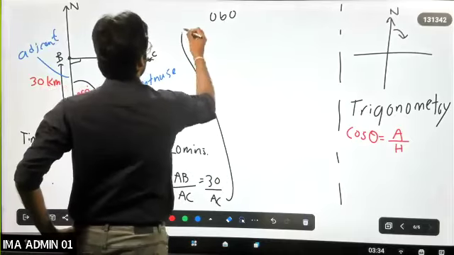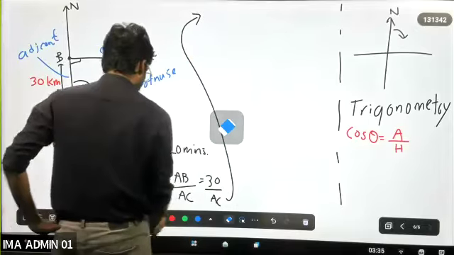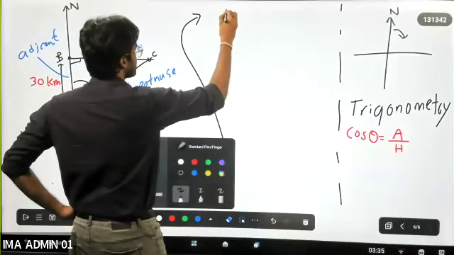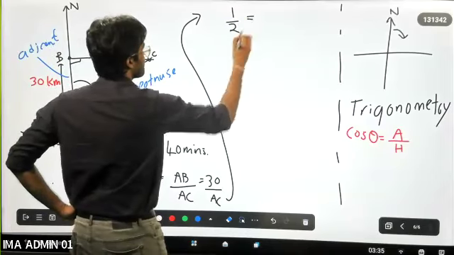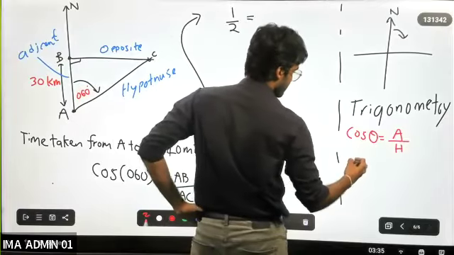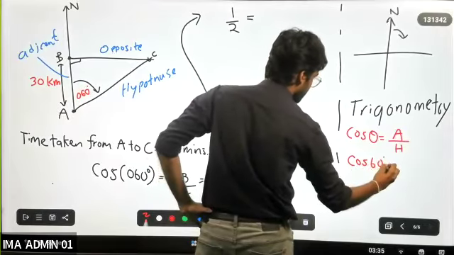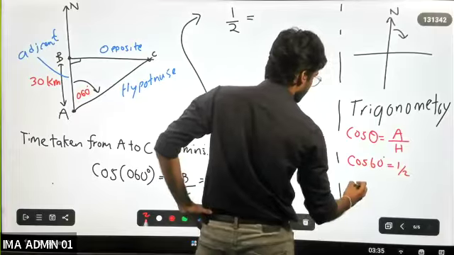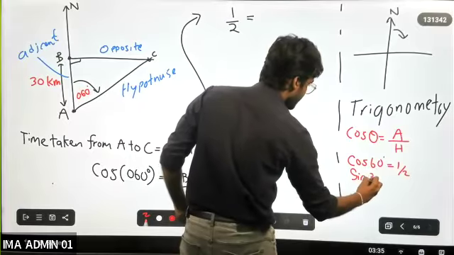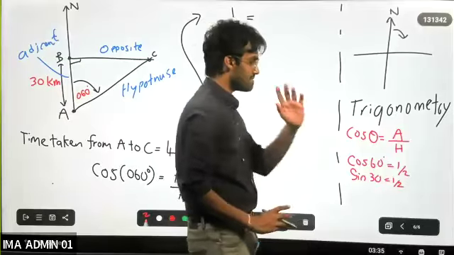So now you have to know the value of cos 60. Some of you might get the answer straight away. Cos 60 is half. So likewise, there are some trigonometry values you have to memorize. Cos 60 is equal to half. And if cos 60 is equal to half, then sine 30 is equal to half as well. That's the beauty of trigonometry. So you have to basically memorize only one.